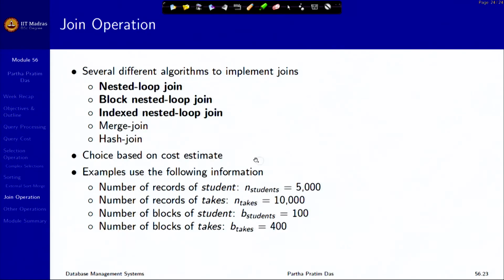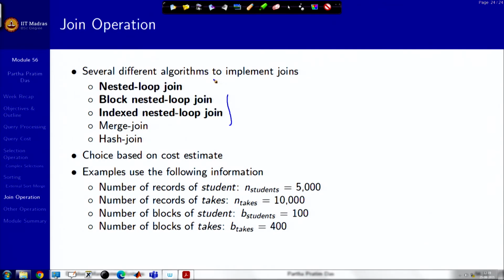Besides selection, one of the most important operations that we have talked about is join. When we join 2 relations, we basically do a Cartesian product and then some specific selection based on that, whether it is a condition or equality, natural join, and so on. There are different ways of doing that, and these 3 are what we are going to discuss here.